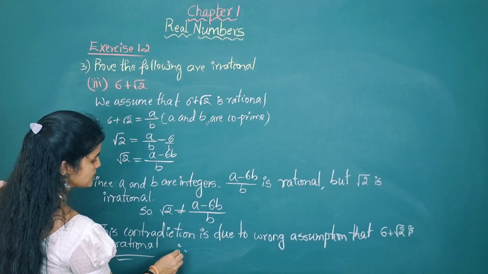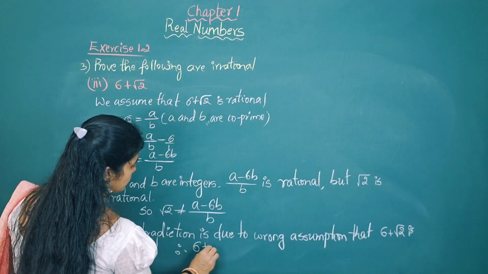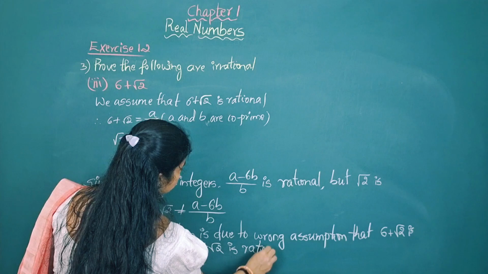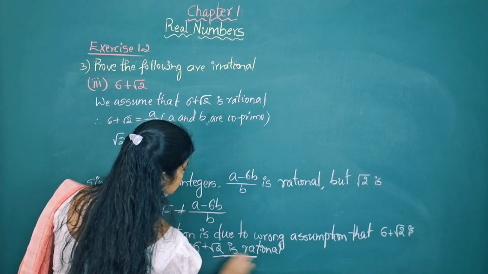And therefore, since our assumption is wrong, we write 6 plus root 2 is irrational.